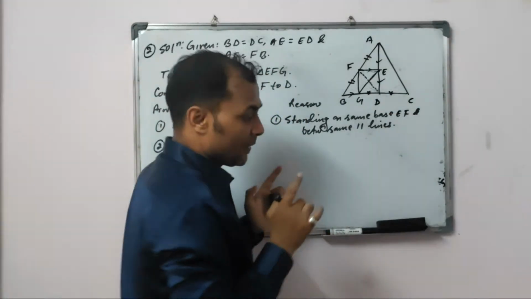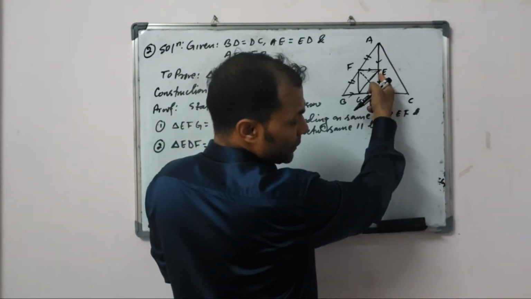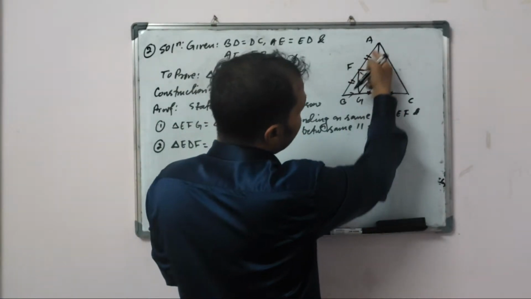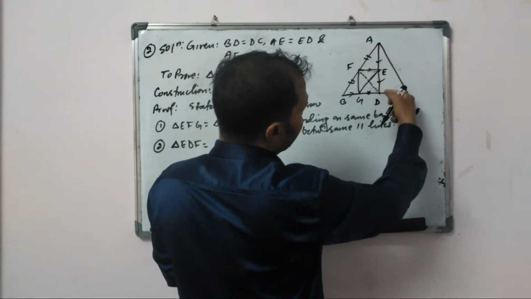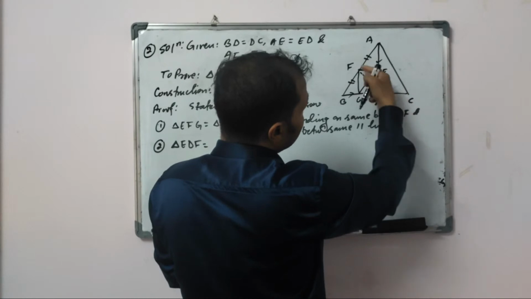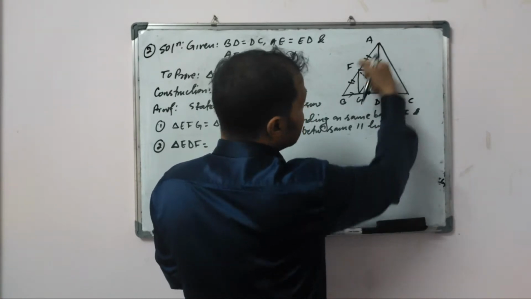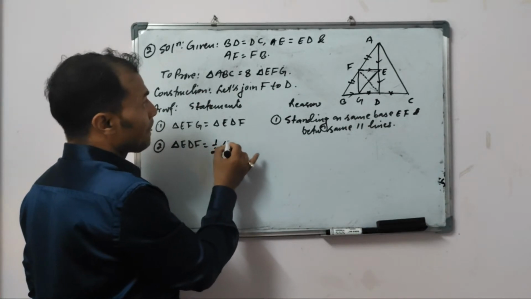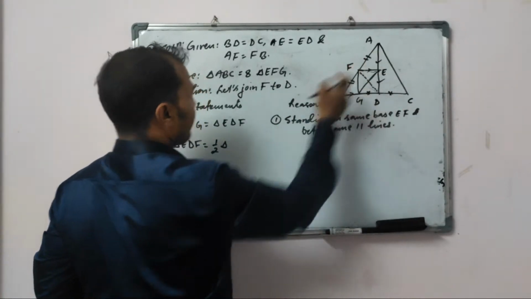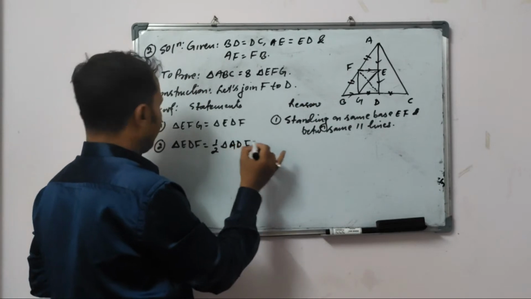Think again. Since this is the midpoint and this is the vertex, when you draw this, it is the median for triangle AFD. So triangle EDF will be half of triangle ADF.